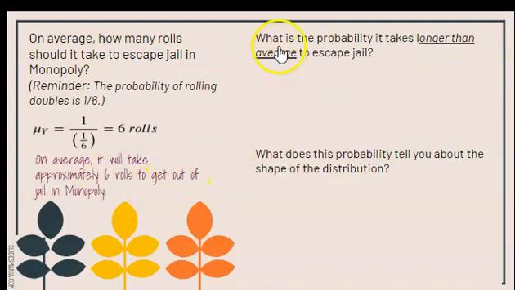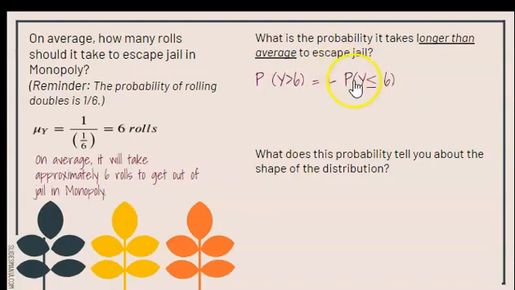All right. So what's the probability it takes longer than average to escape jail? Well, longer than average means greater than 6, right? That means 7 or higher. So in order to find this probability, there's no greater than in my calculator, there's only less than or equal to. So I need to find the complement then, 1 minus the probability that I get 6 or below.